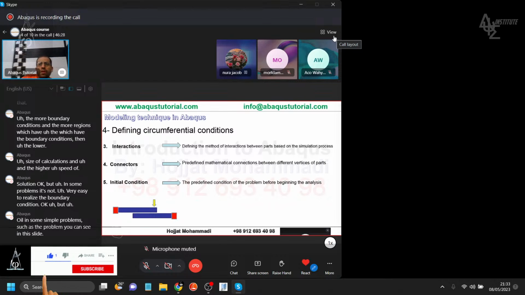For example, the speed of an impactor when it reaches a platform, V0, or the initial temperature. These are examples of initial condition, after which the analysis process will be started.